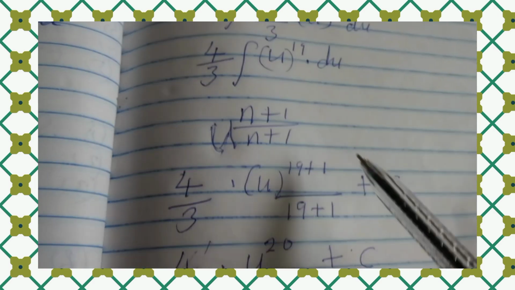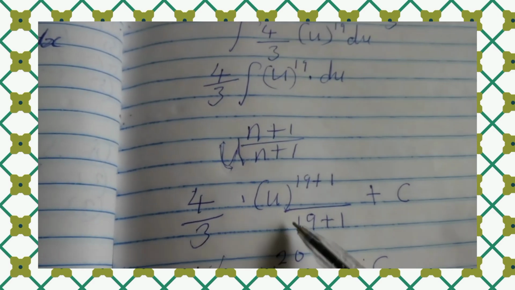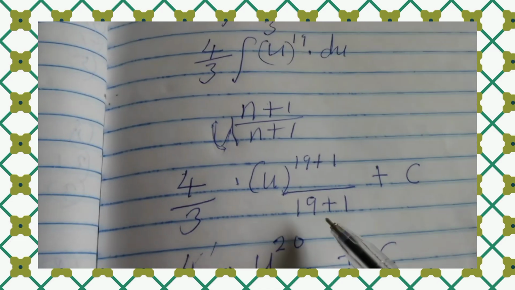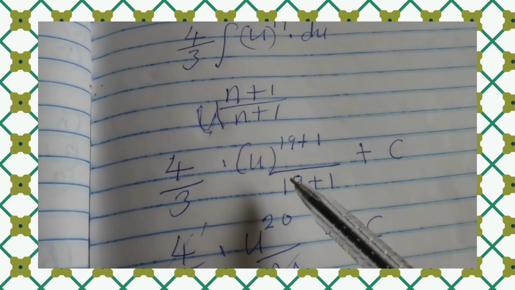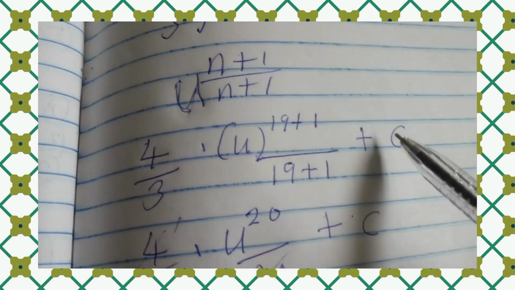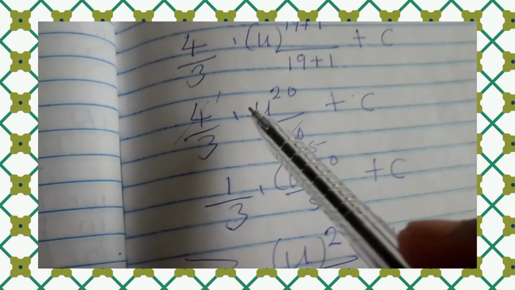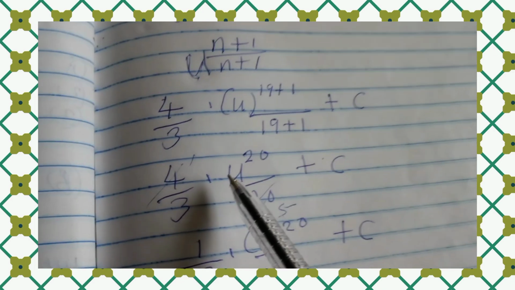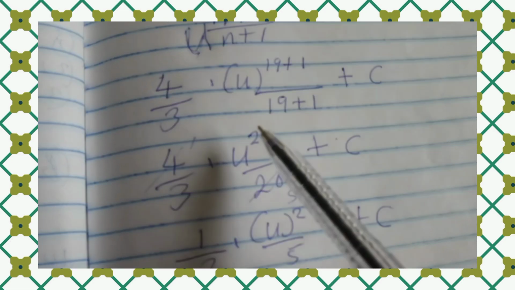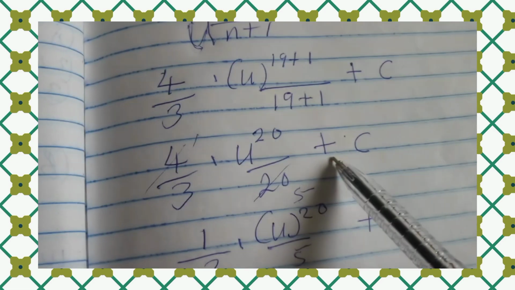So we're going to have this 4 all over 3 here times, we have 19 here, so 19 plus 1 is going to give us what? 20. So also divide by 19 plus 1, then introduce a constant which is plus c. So we're going to have 4 all over 3 times u, which is our function, to the power of 20 all over 20 plus c.